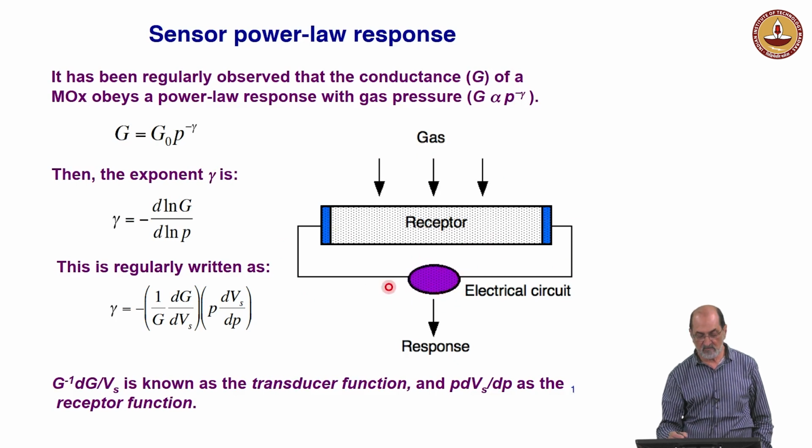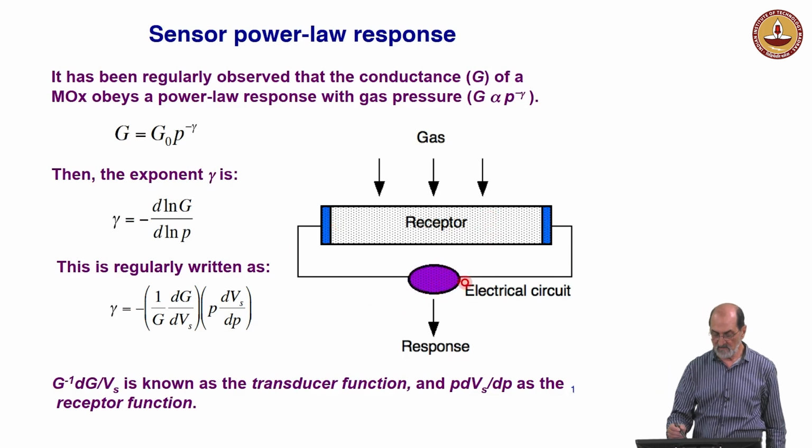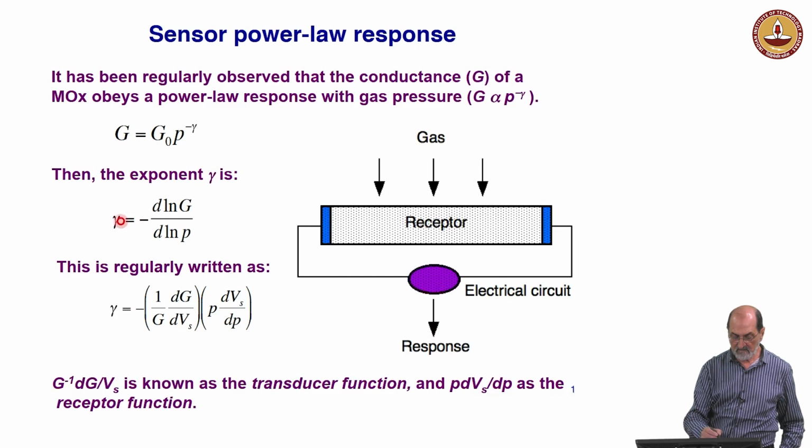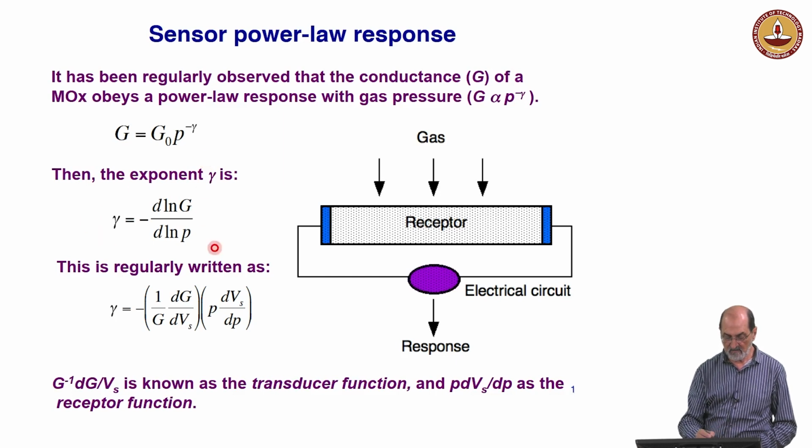So you need an electrical circuit to measure how the conductivity changes, and eventually you have a response, and that is what you want. So this gamma somehow measures the sensitivity of the sensor, and this exponent has to have this relationship with the conductivity as a function of pressure.